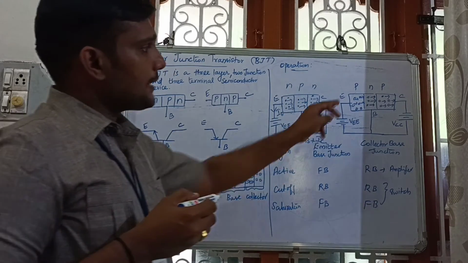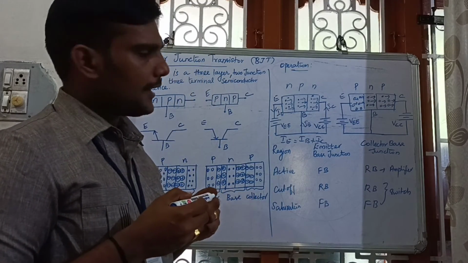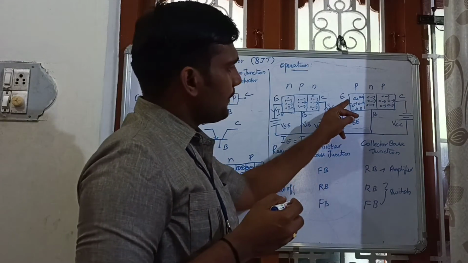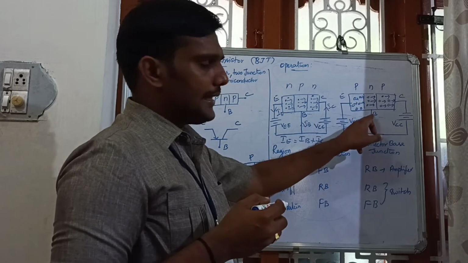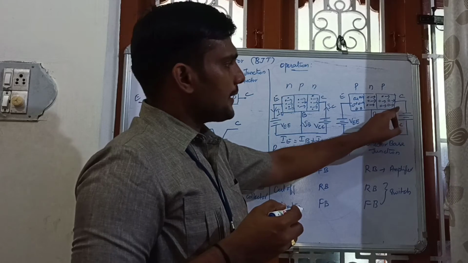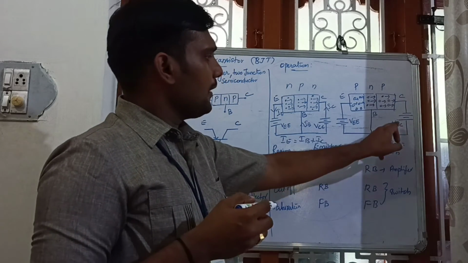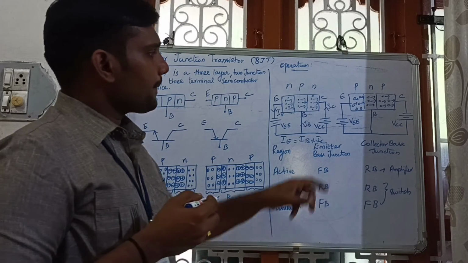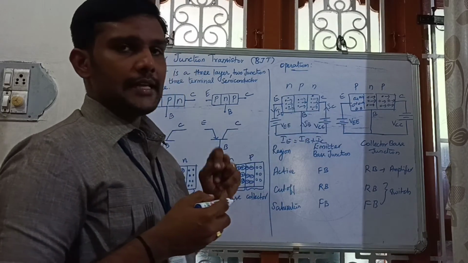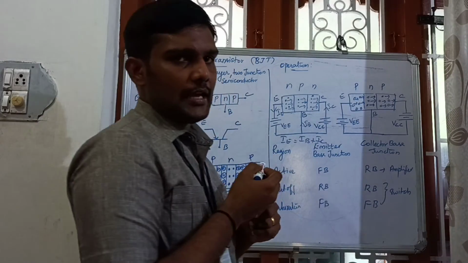But in the case of the PNP transistor, the current conduction is due to holes. Here for the emitter, positive supply is given, for the base, the negative is given. On this side, for the collector, the negative supply is given, for the base, positive supply is given. In the P-type region, the majority carriers are holes. Holes have positive charge.